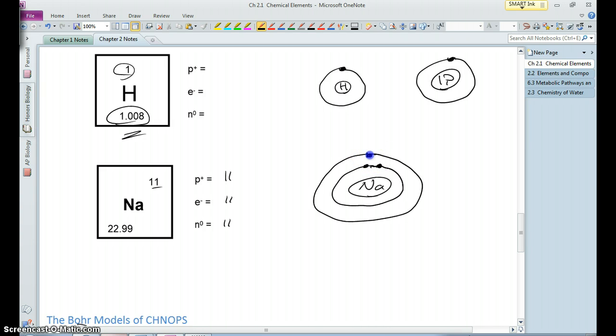Alright, so let's draw them. 1, 2, 3, 4, 5, 6, 7, 8. And so that gives us 8 plus 2 is 10. Ooh, we still need 1 more electron. So there's a third orbital with 1 lonely little electron out there. And so that gives us our 11. That would be our Bohr model for sodium.